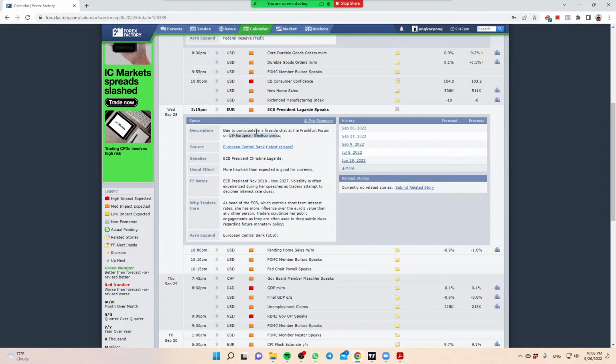So always tie it back: ask yourself, is this event related to the primary concern right now? Does this event have any links and connection to the major monetary policy? If the answer is no, then there's a very good chance it's not gonna be a major event.